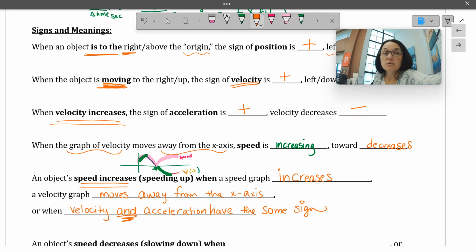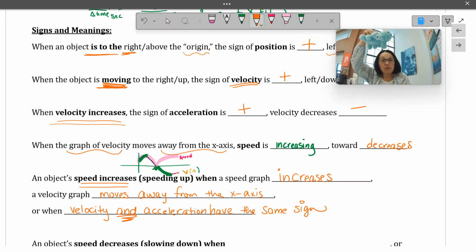Okay, and so for this, I'm going to use Travis the tardigrade. This is Travis, okay? He's a tardigrade, he's awesome. Travis the tardigrade would speed up when I drop him, right? As I drop Travis, his speed is increasing. Well, Travis, though, is moving down, so he has negative velocity. Travis's velocity is negative and getting more negative.